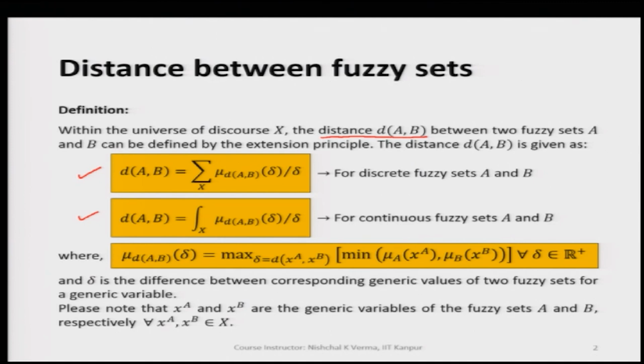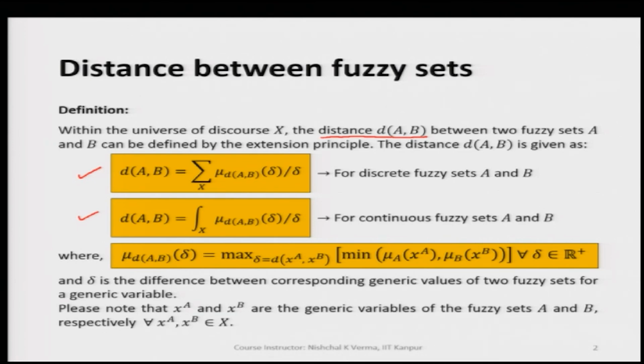The distance between two discrete fuzzy sets A and B gives us a fuzzy set which is again discrete, represented by the summation over the universe of discourse of mu_D(A,B)(delta) by delta.